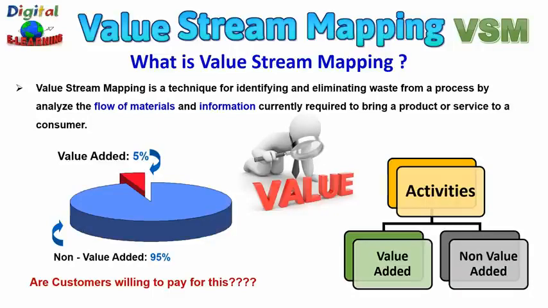In order to provide the product or service that the customer desires, every company has a series of steps that are required, and value stream mapping enables us to better understand what these steps are, where the value is being added and where it is not, which is waste, and more importantly, how to improve upon it as a collective process.